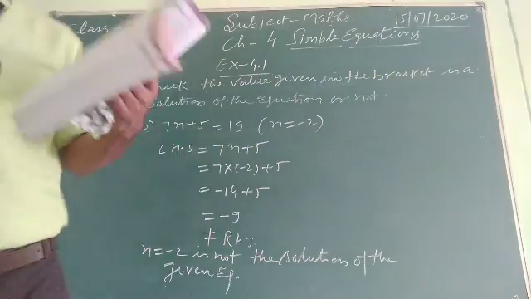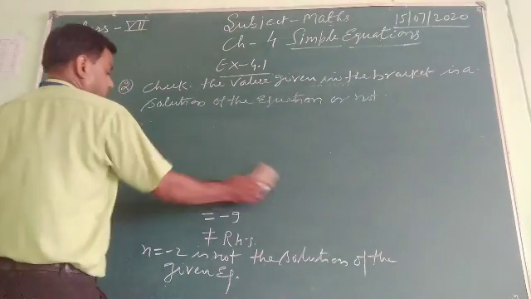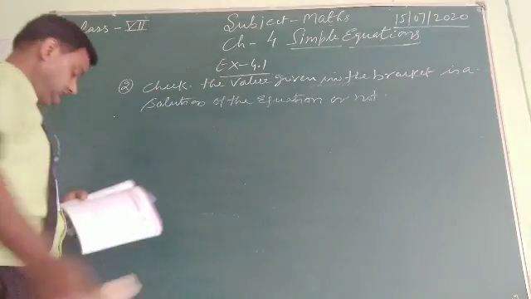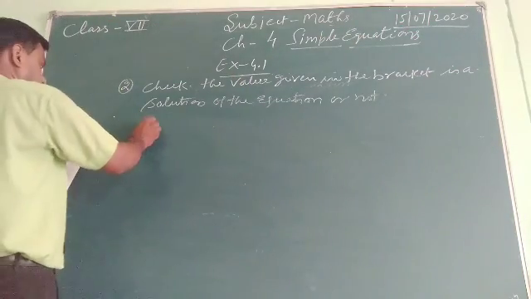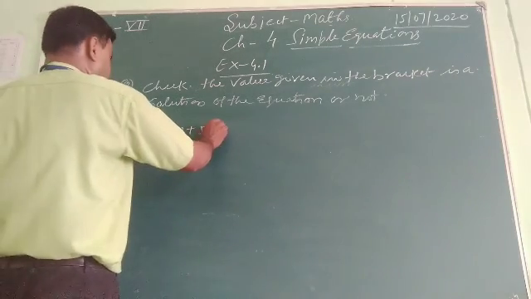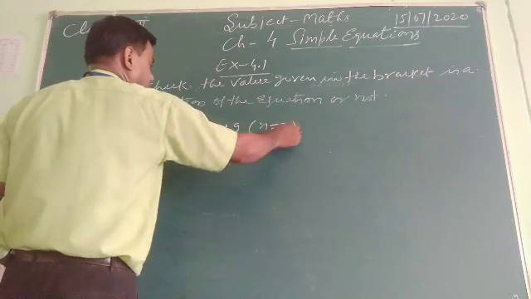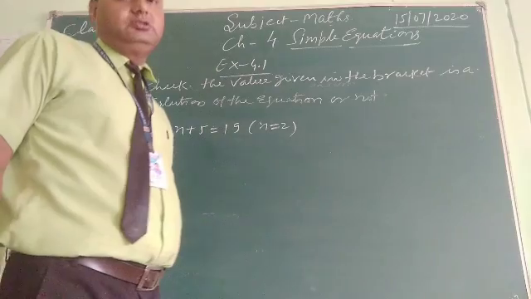Now question number 2, C part. 7n plus 5 equal to 19, n equal to 2. We will check whether n equal to 2 is a solution or not.